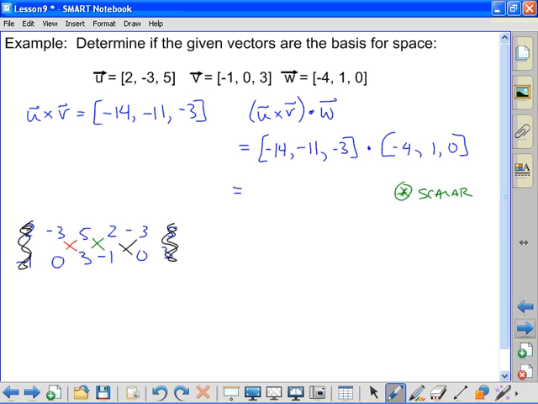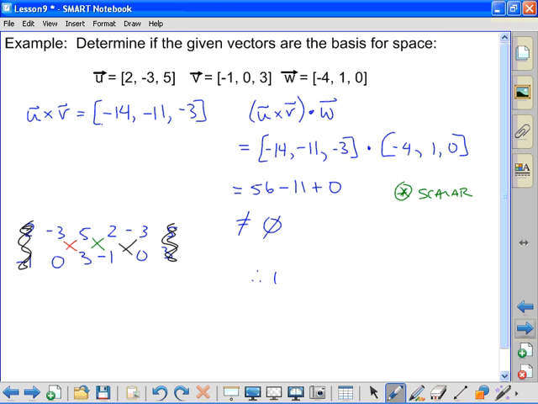So when you do 4 times 14, that's really 2 times 14 is 28, and you double that and you get positive 56, minus 11, and then plus 0. All you need to know is it's not going to be 0. 56 minus 11 gives you 45. It doesn't matter, it's not equal to 0.